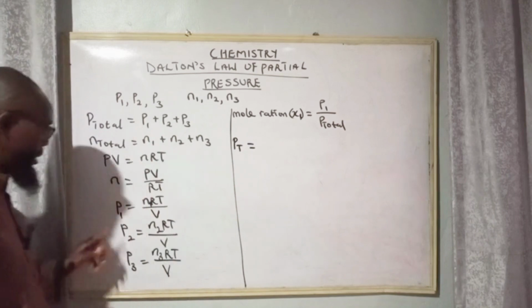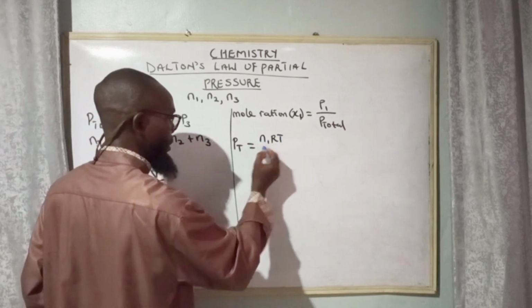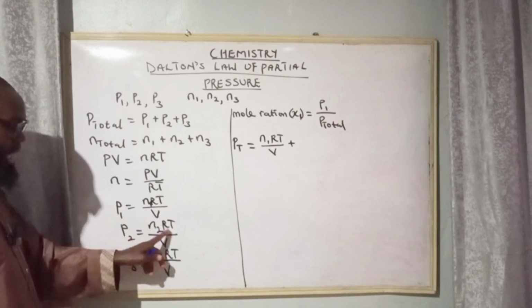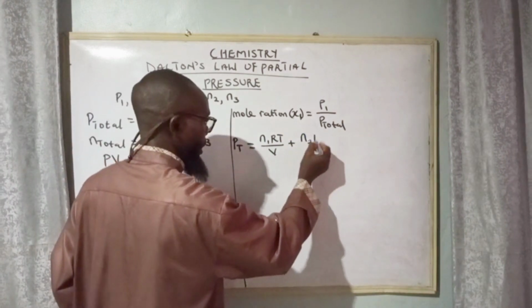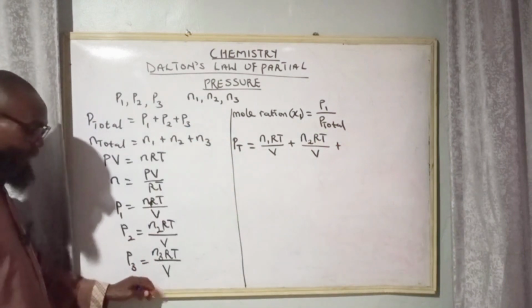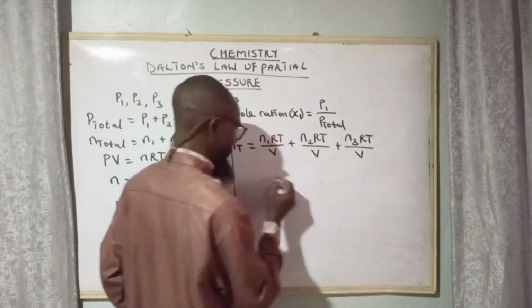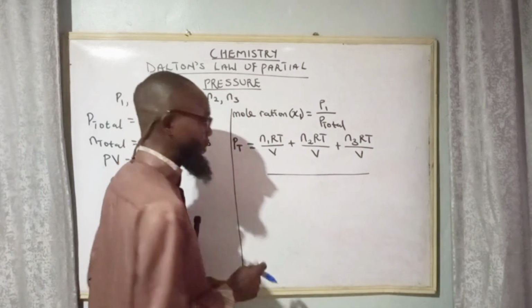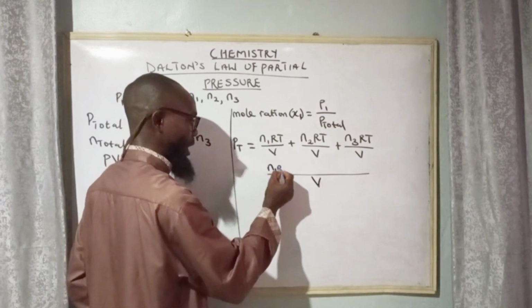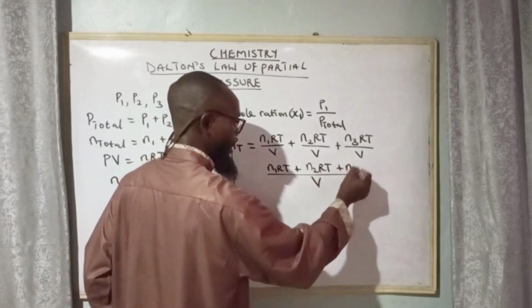We equal our P1, and P1 here is N1 RT over V, plus our P2, which is N2 RT over V, plus P3, which is N3 RT over V. From here, let's find the LCM. The LCM of everything is V. V goes into V, we have 1. 1 multiplied by this, we have N1 RT plus N2 RT plus N3 RT.